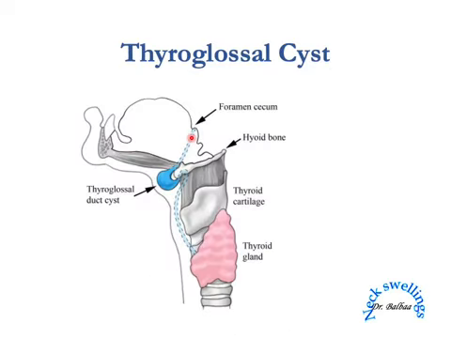This is the normal path of the thyroid gland till it reaches its normal anatomical position that you had in the previous lecture. And this track is passing from the foramen cecum, and it is intimately related to the hyoid bone. Sometimes it passes through the body of the hyoid bone. Then the duct will pass downwards in the midline of the neck. The fate of this is to obliterate.